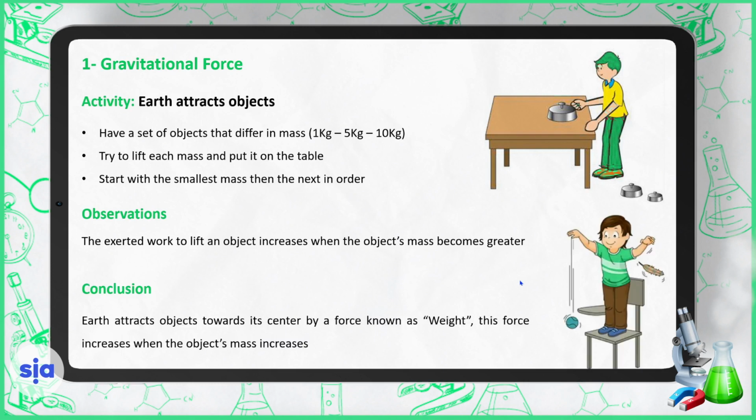And the conclusion is, Earth attracts objects toward its center by a force known as weight. So weight measures the attraction, the force of gravity of Earth that attracts the objects towards its center. And this force increases when the object's mass increases.